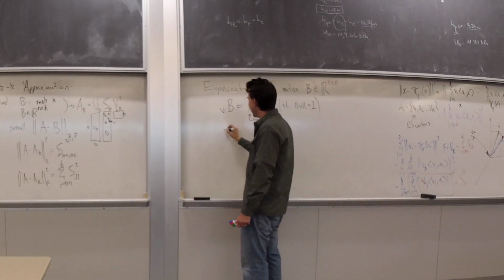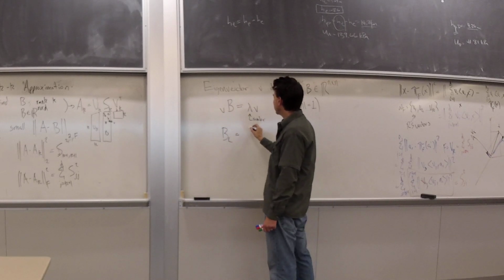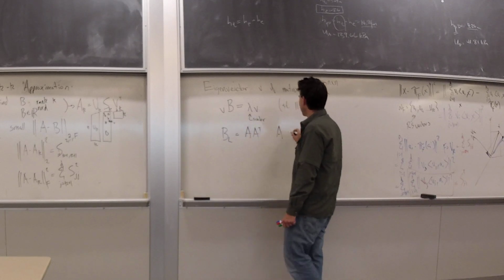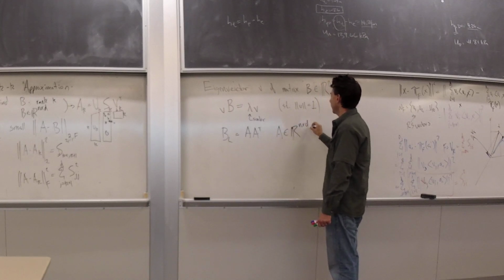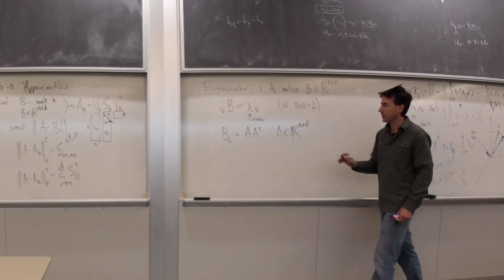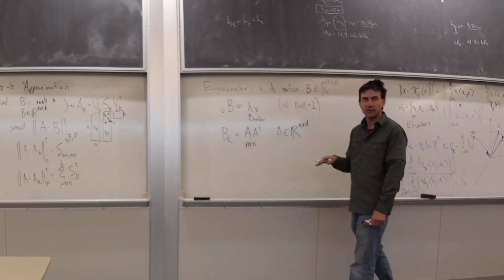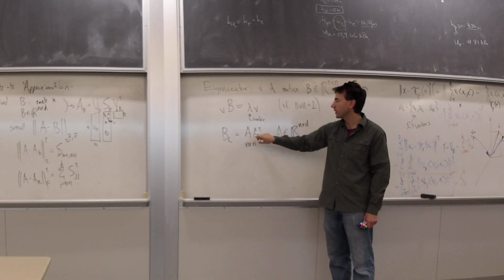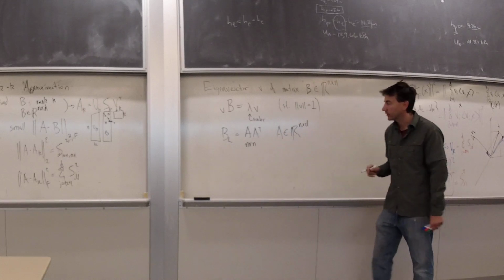So I'm going to define B, and in fact I'll call this BL, which is going to be equal to A times A transpose, where A is in R n times D. So now this is going to be n times n, right? This is an n times D matrix times a D by n matrix. It gets back an n by n matrix.